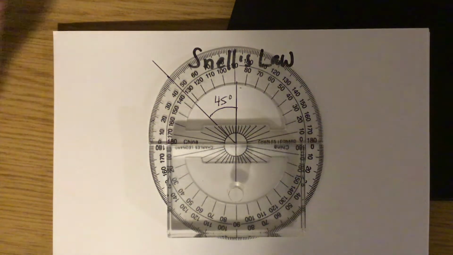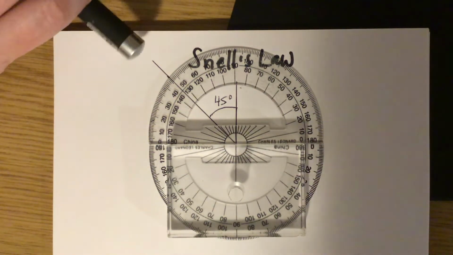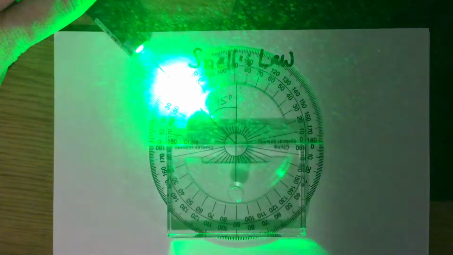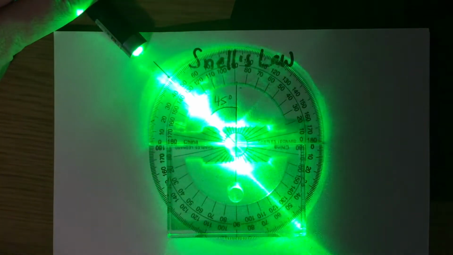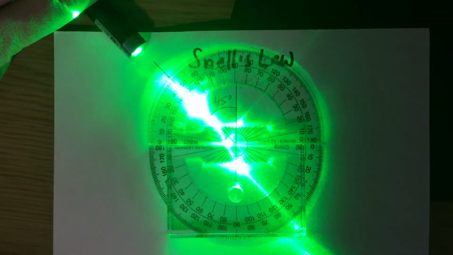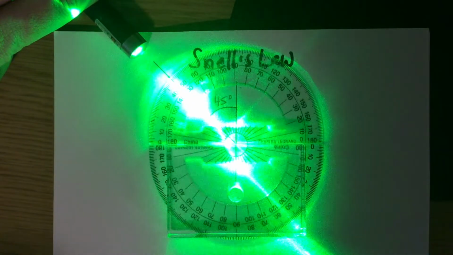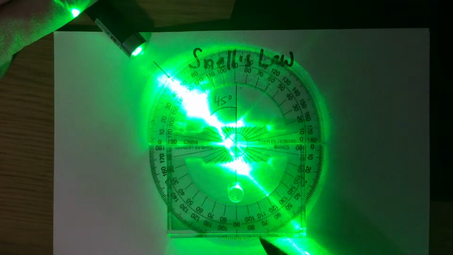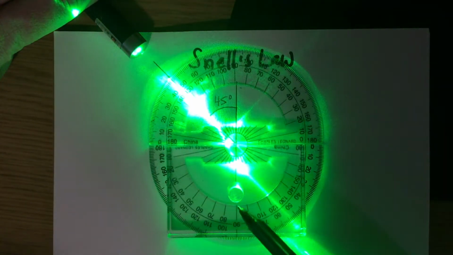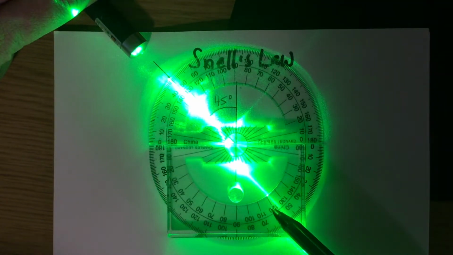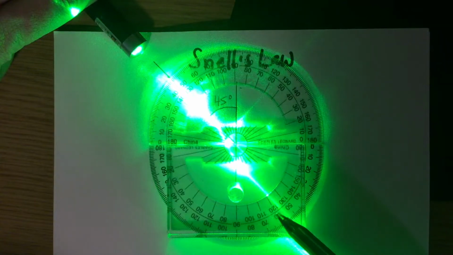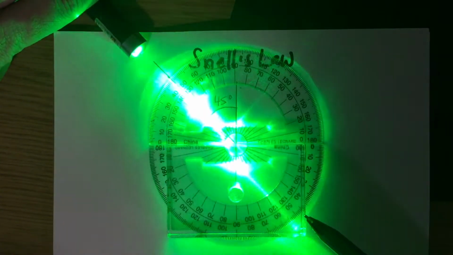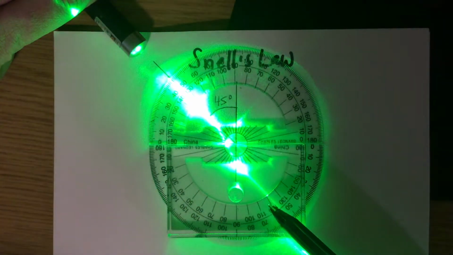So now that I have a protractor on here, I can shine my laser down that line again, and it's coming straight down the line. And you can see that as it crosses the end there, and again we're going from the perpendicular line here, we can go over 10, 20, 30, about 33 degrees is where it's coming through, right about here.